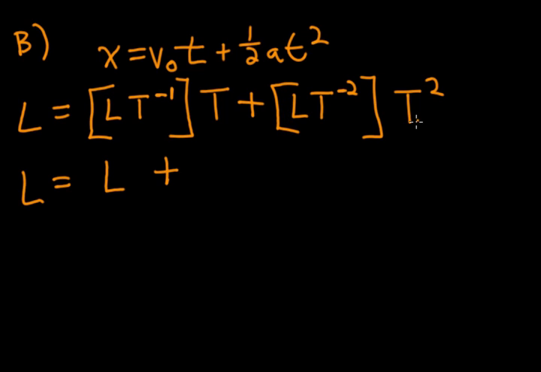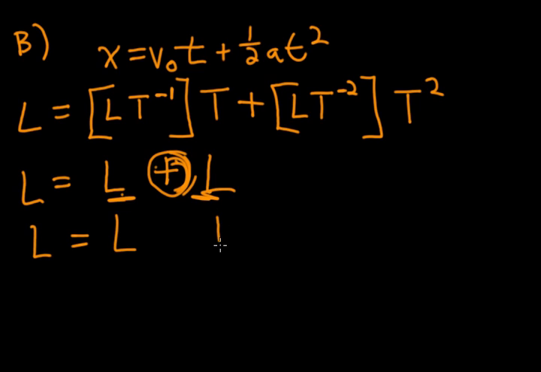And t to the negative 2 times t squared leaves me with L. Now, this isn't an addition in an algebraic sense, and I would love to have some symbol here to represent it. It might be proportionality will help, but I can add when my dimensions are the same. So an L plus L will give me dimensions of L. And so this is a valid equation.